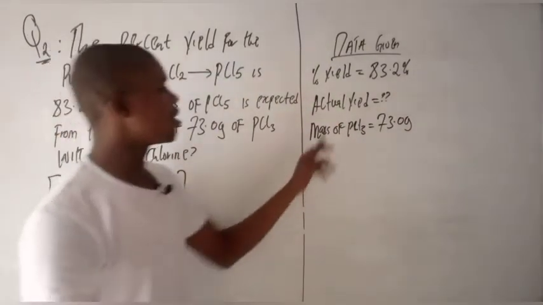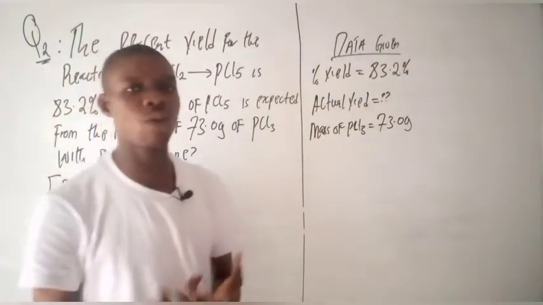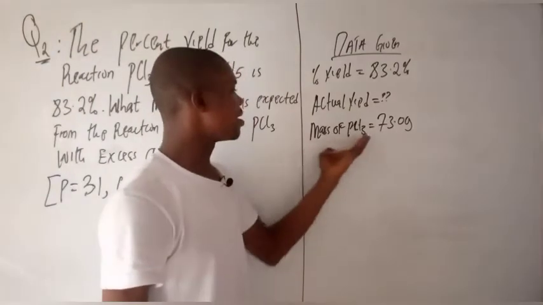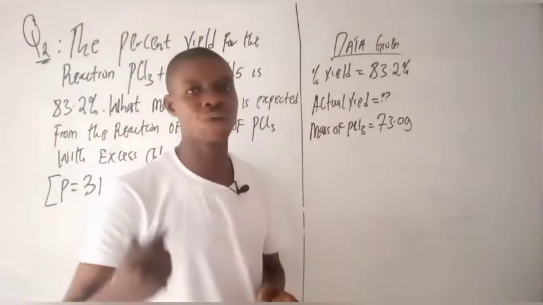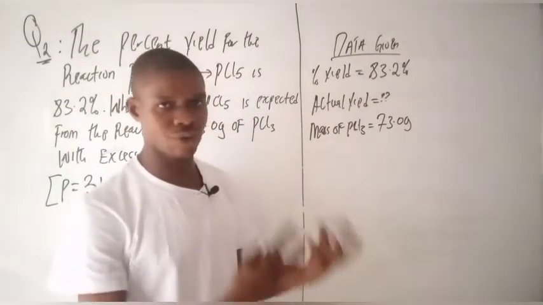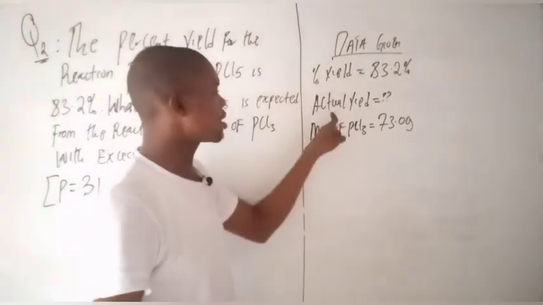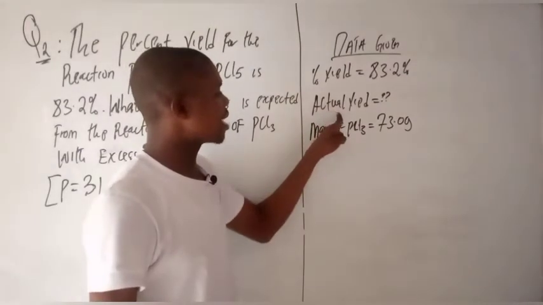How do I know it's the actual yield I'm looking for? That may be the question in your mind. The mass of the limiting reactant is only used to calculate the theoretical yield of the product. So if they're asking for the mass expected, they are asking you to calculate the actual yield.